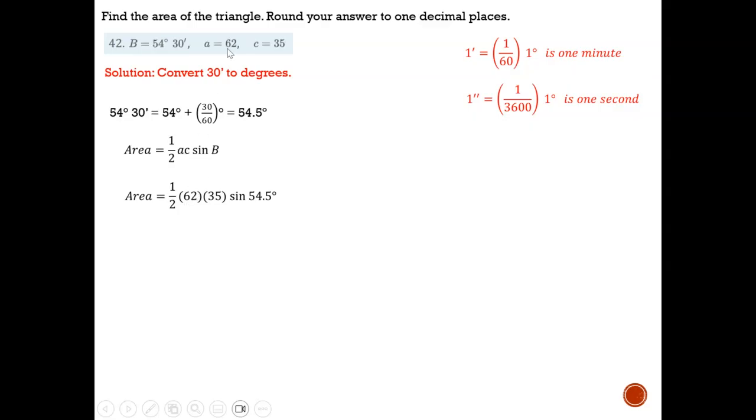A is 62, C is 35, and angle B is with a sine of 54.5 degrees. Use your calculator. The area will be about 883.315. Rounded to one place, it gives us 883.3.